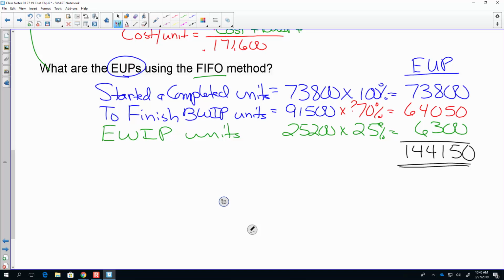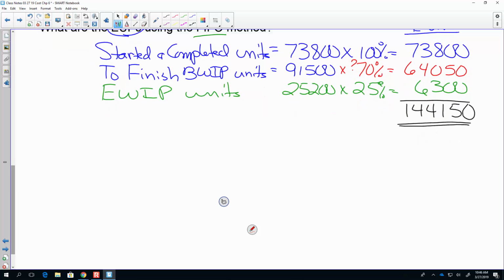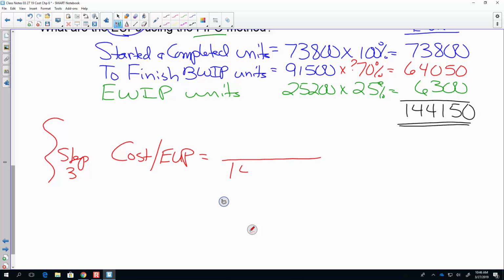That's what we call it now instead of a job order cost sheet. It's a production report. And our step 3 for FIFO method is cost per EUP, which is, again, my bottom number is 144,150. What's my top number?